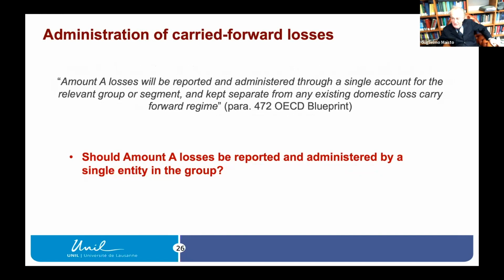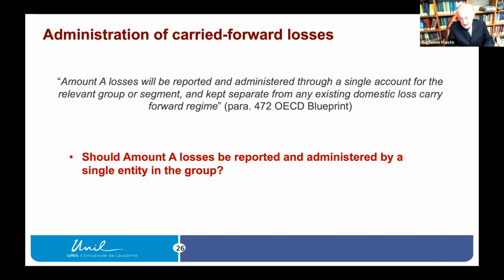And here I would pick up what Graham indicated about the need to adjust the amount of losses carried forward, especially when they have to do with businesses which are not necessarily in scope, or when they are geographically allocated to one particular country.